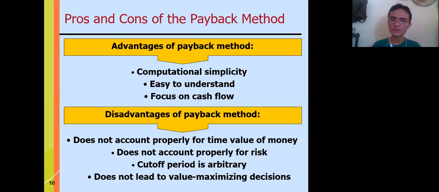And normally management would disapprove, if not final, then initial, because of the ruling of the payback method. And then it does not lead to value maximizing decisions, right? Because time value is not considered, risk is not considered, although it focuses on cash flows.